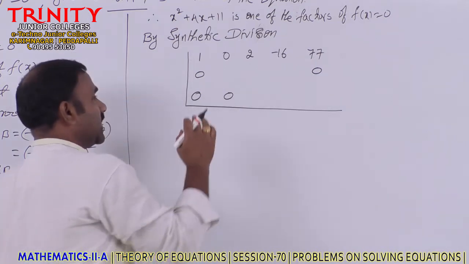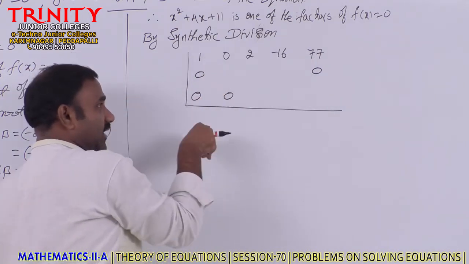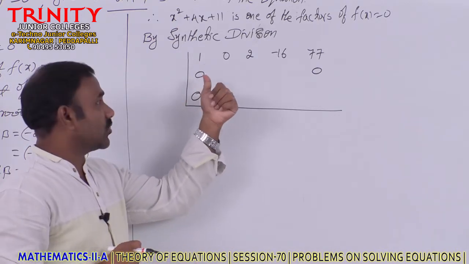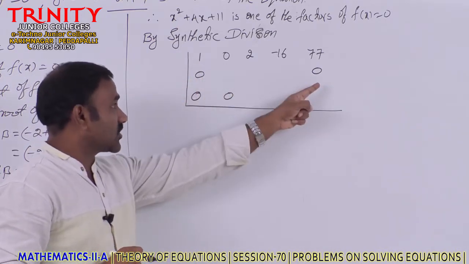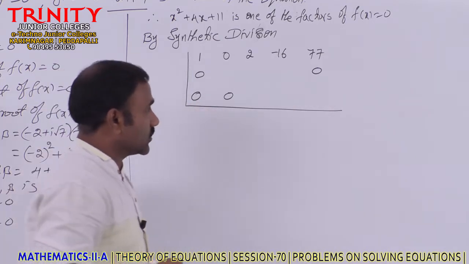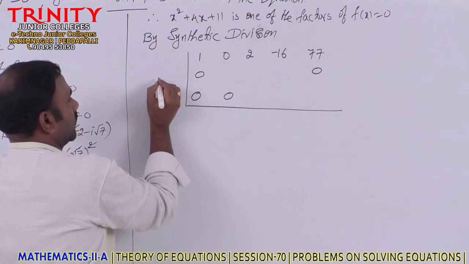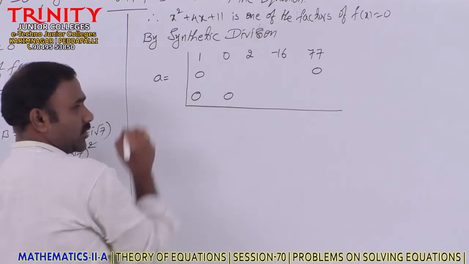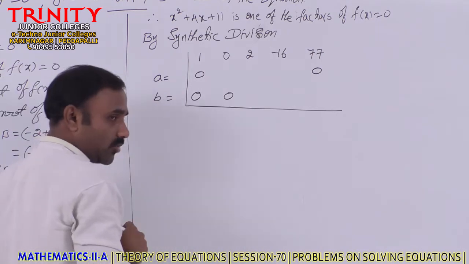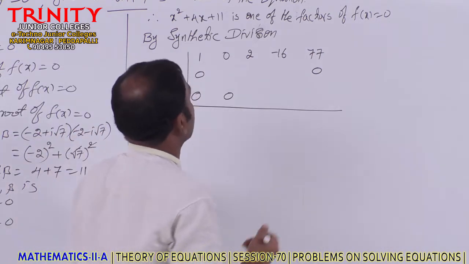In linear division we get only 2 rows; in quadratic division we get a total of 3 rows. Of the 3 rows, the first one is the coefficients row, the second has zeros at the first and last positions, and in the third row the first two are zeros. Now, in the second row position we have to write the value of A, and in the third row the value of B. But from where will we get those values?